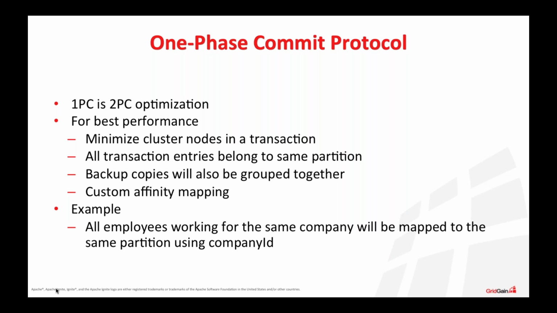All transaction entries belong to the same partition, okay? Backup copies will also be grouped together. That gives us the benefit in terms of where the backup data is held as well. And we may use some type of mapping in order to group that data together. For example, we may wish to hold all particular employee data that's related to a company on one particular node.